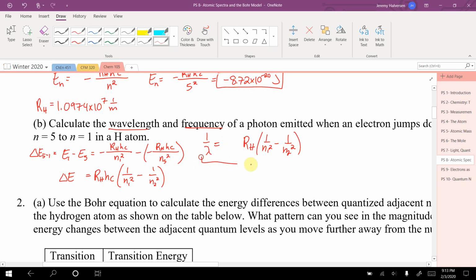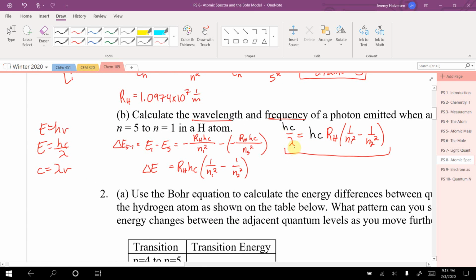If I have the Rydberg equation, and let's say that I multiply both sides by hc, I haven't changed anything because I multiplied both sides by the same thing. Well, what is hc over lambda? That's energy. So these now become the exact same equation.